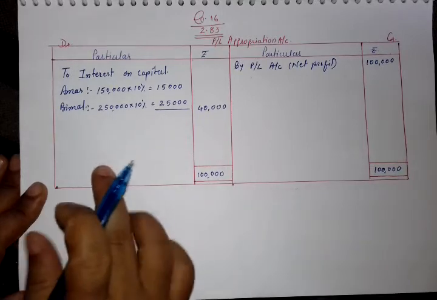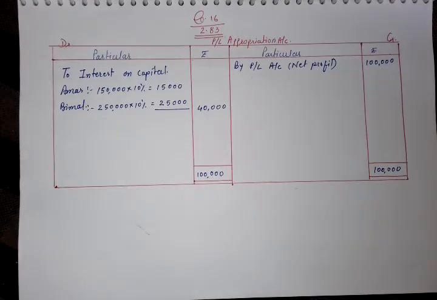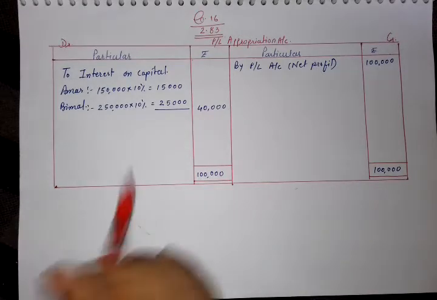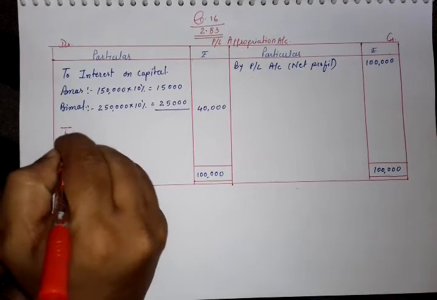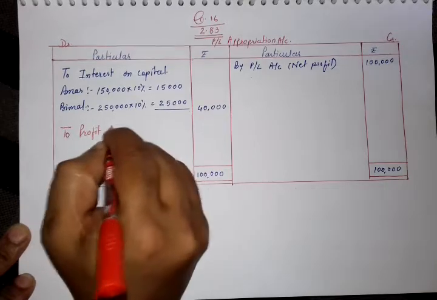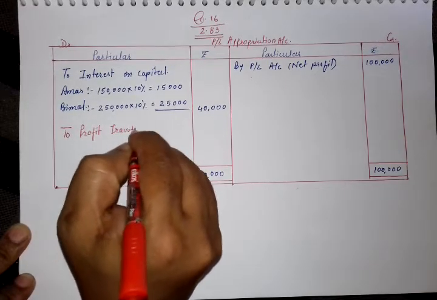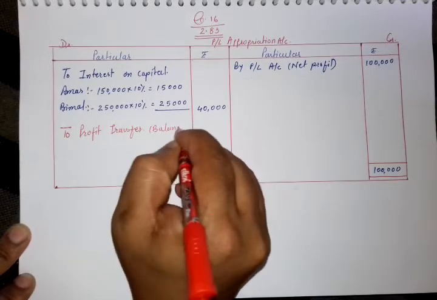It means our balance will be here, 60,000. So we write to profit transferred. This is the balancing amount.